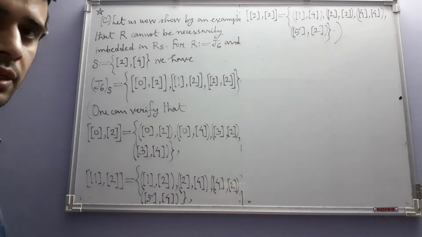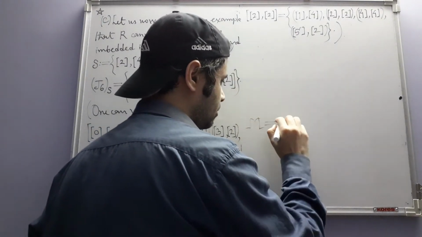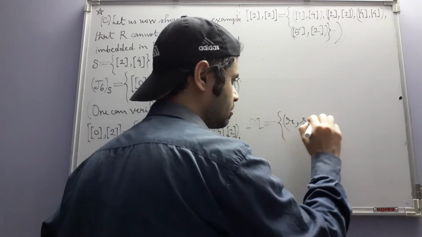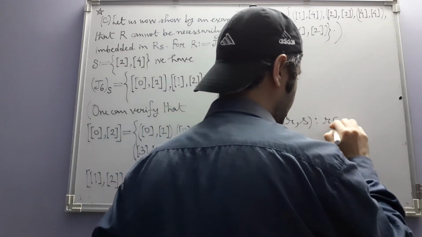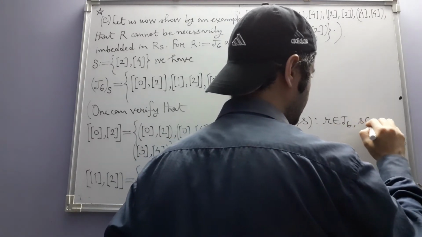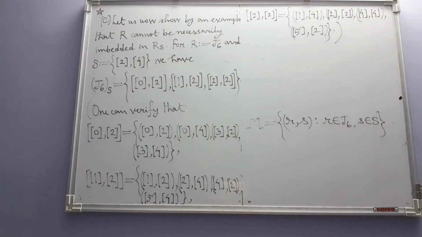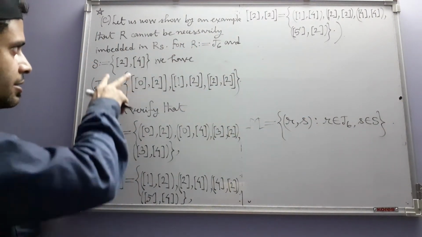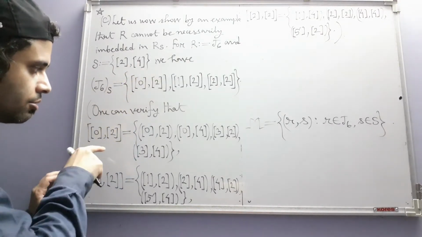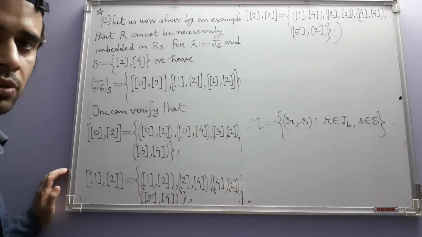What is our set? Our set is M, and it consists of ordered pairs like this, where R is coming from J6 and S is coming from the multiplicative system. Since the multiplicative system has only two elements, 2 and 4, every second coordinate is either 2 or 4.